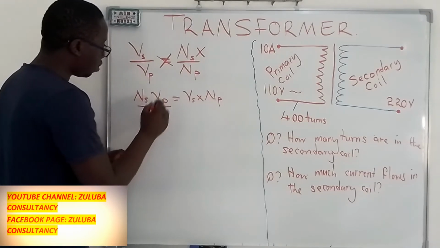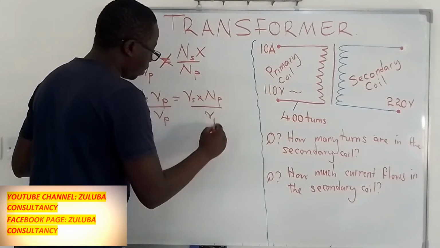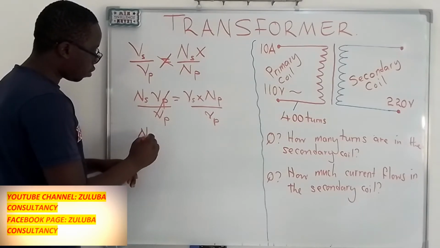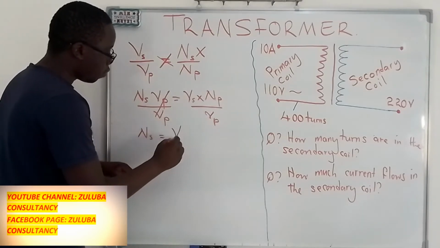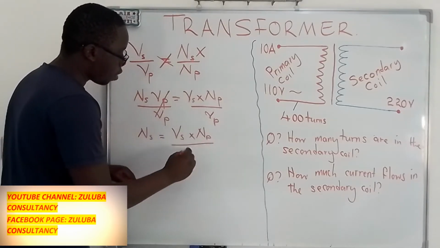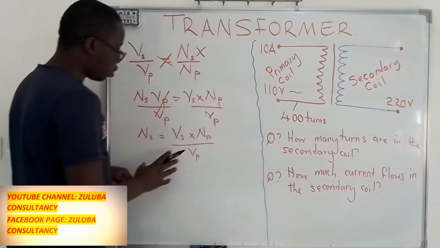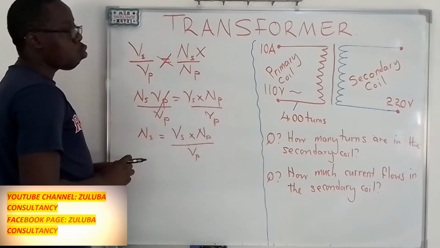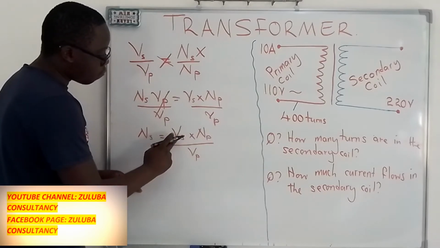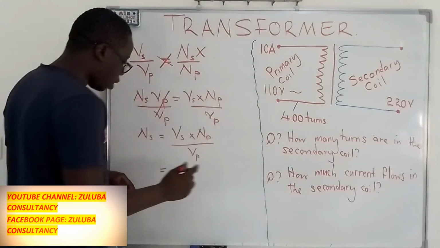Then you divide both sides by Vp. When you simplify, you will have the number of turns in the secondary, Ns, is equal to Vs multiplied by Np divided by Vp. Now we can put the values in the expression. The voltage in the secondary is 220.